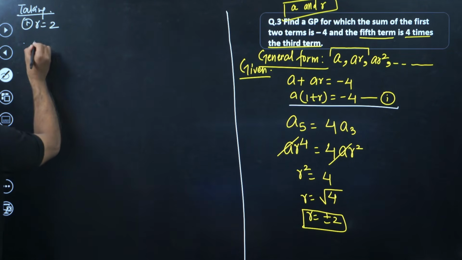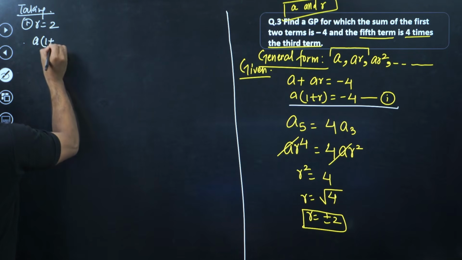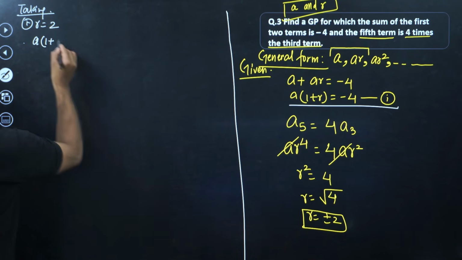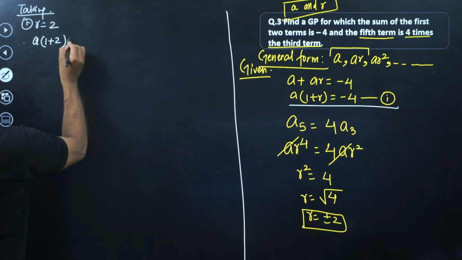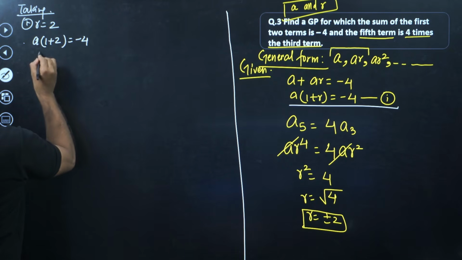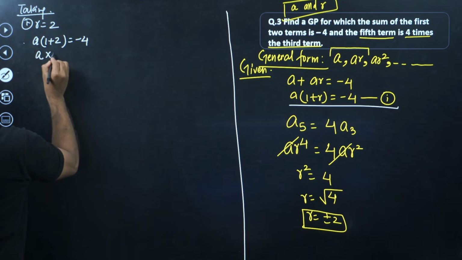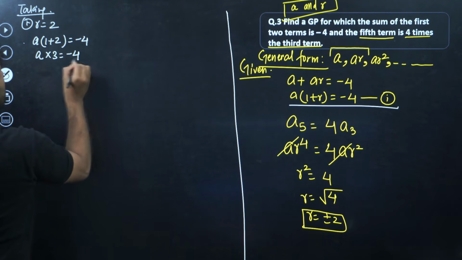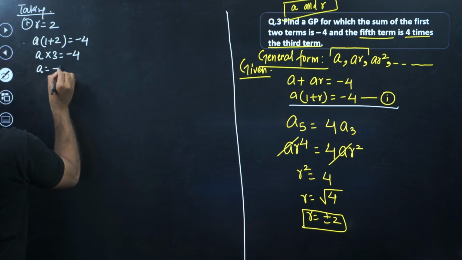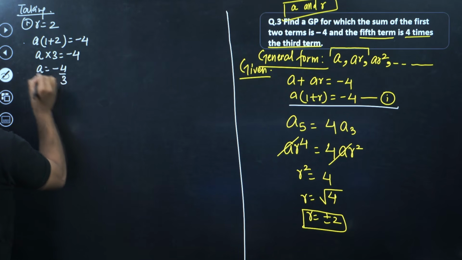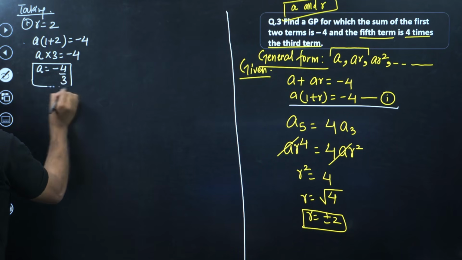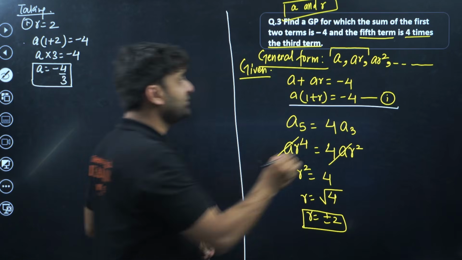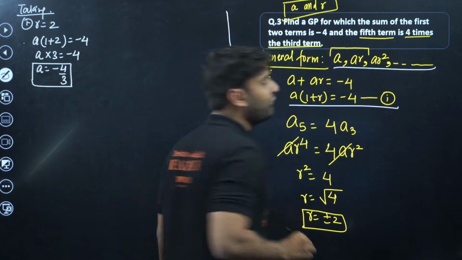So A into 1 plus R, and R we have is 2, is equal to minus 4. So let's solve. A times 3 is equal to minus 4. So A is equal to minus 4 by 3. This is the first term. And what is the general form of GP?